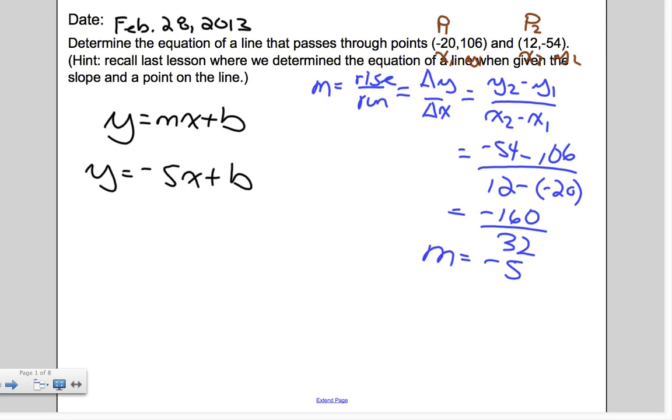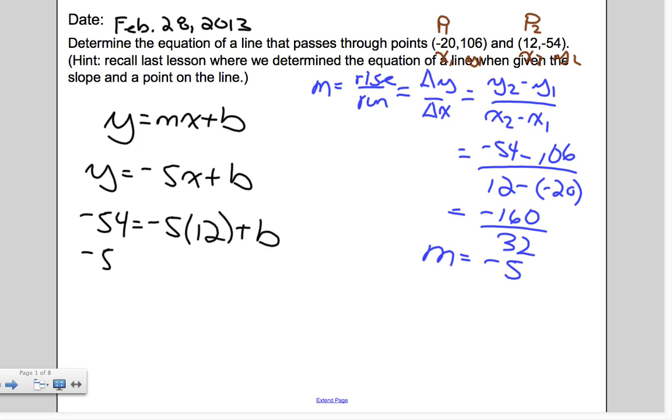Here you might just want to choose a point where the numbers are easier to work with. So Megan suggested the second one. So y is negative 54, so negative 5 times the x value, 12, plus b.